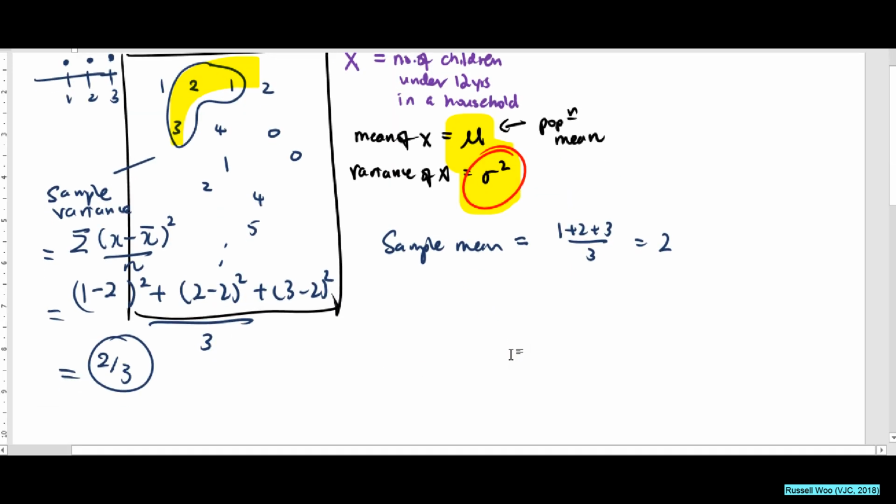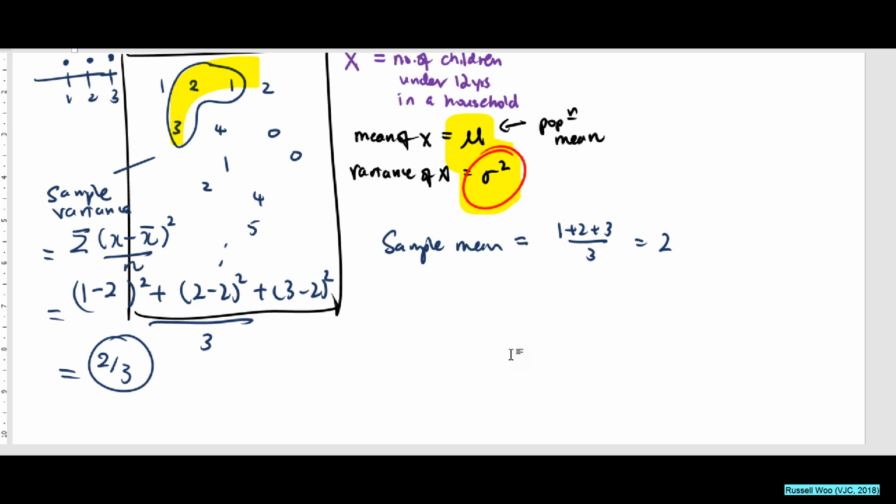You see, the problem is this. The sample variance, it can be mathematically shown, which I will not show, that the long-term average value of this will not give us population variance. That means you keep taking 3 samples, 3 samples, 3 samples, find sample variance, find sample variance, find sample variance. The long-term average value of this is not sigma squared.